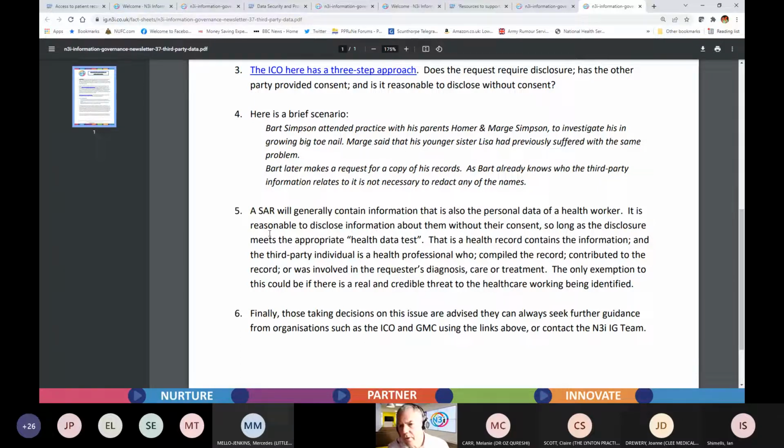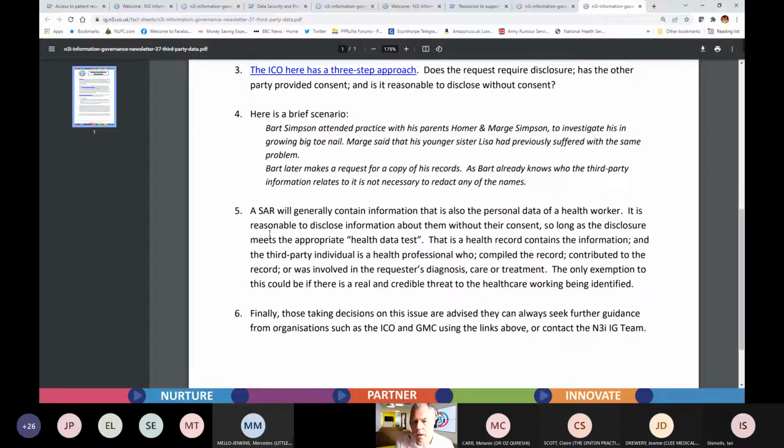So an important point here is if someone knows the information already, then you don't need to redact it because you're not achieving anything. Redaction is designed to prevent an individual finding out something that they don't already know, something which has a level of confidentiality about it. But if they already know it, then it's not confidential.